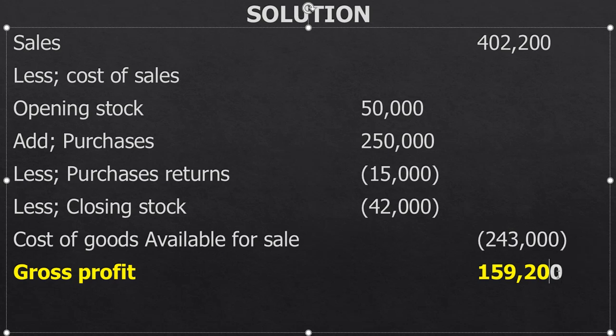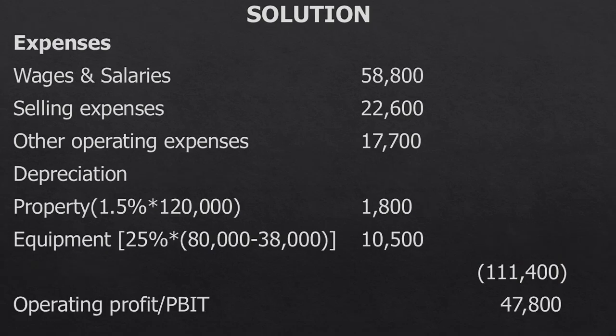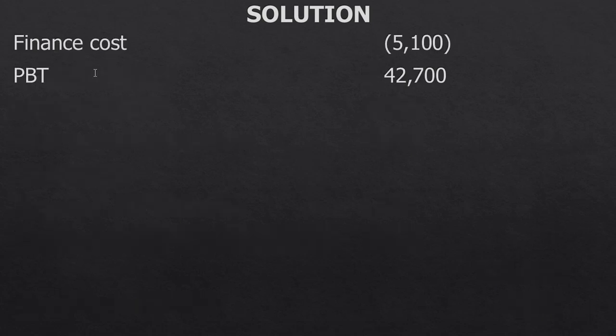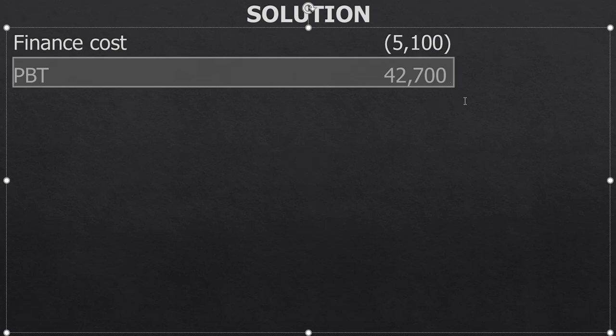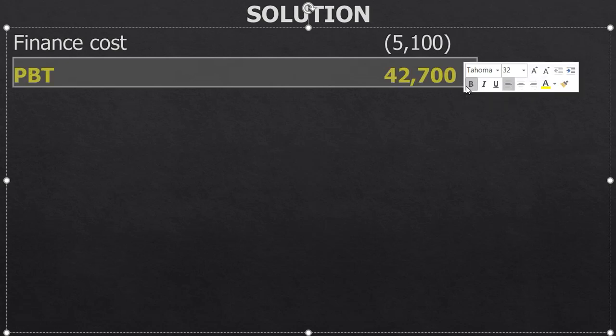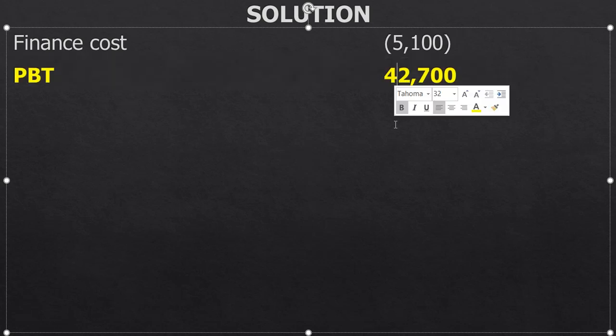Then on the gross profit we less expenses. You can see eventually that we have the profit before interest and tax. Then when we raise the finance cost or the interest expense, we eventually get the profit before tax.